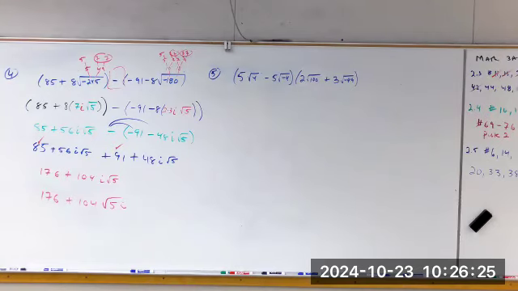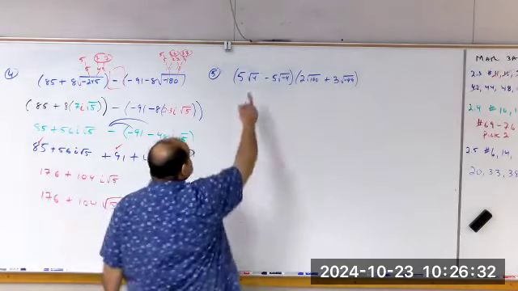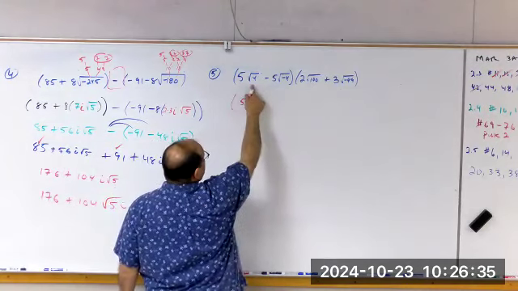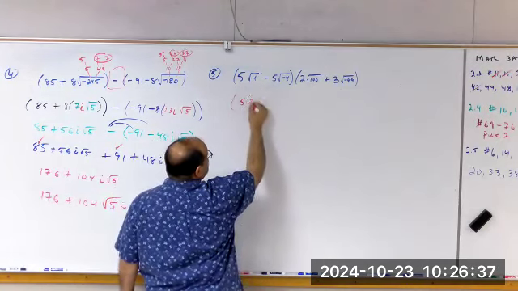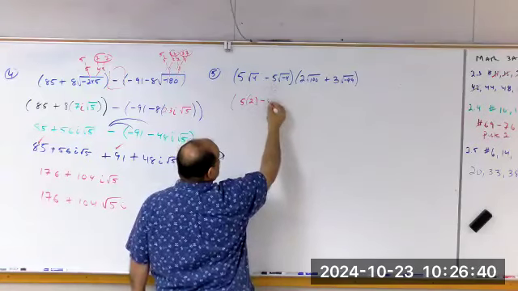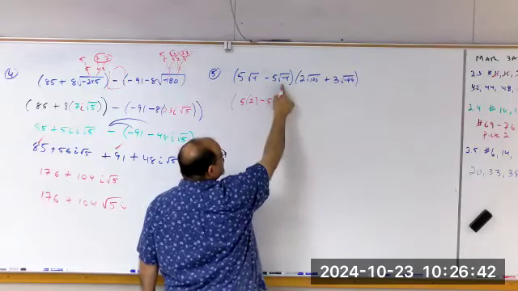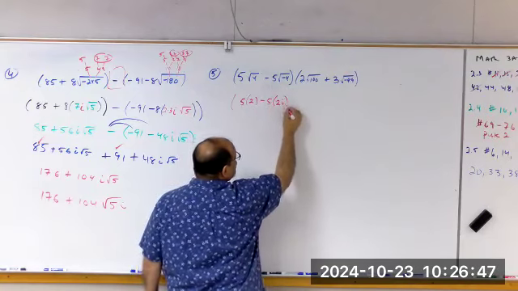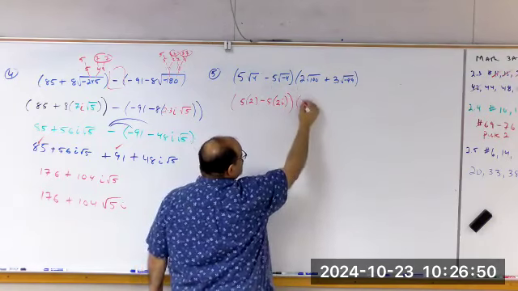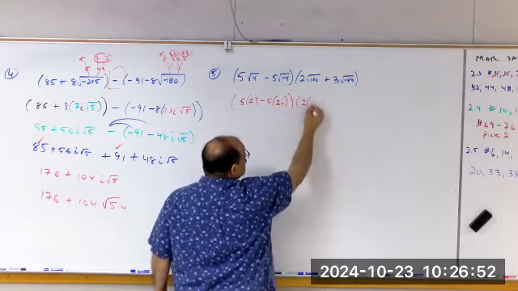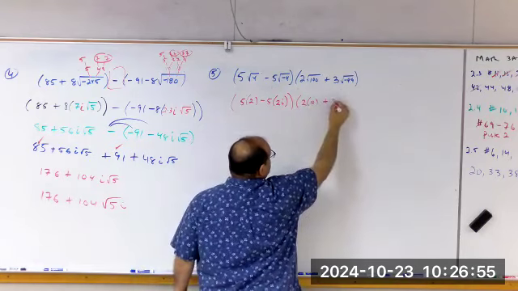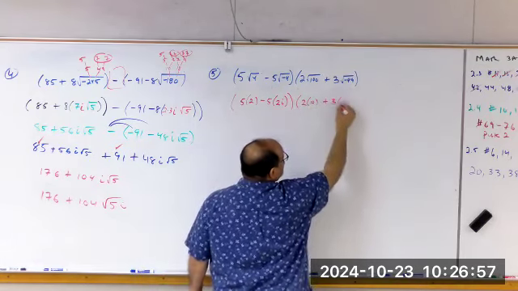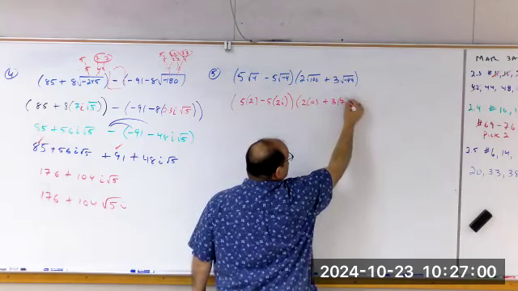Simplify first. Don't multiply this out until you've simplified what's inside. This is just, the square root of 4 is 2, so 5 times 2, minus 5 times the square root of -4, which is 2i. And this is 2 times the square root of 100, which is 10, plus 3 times the square root of -49, which is 7i.